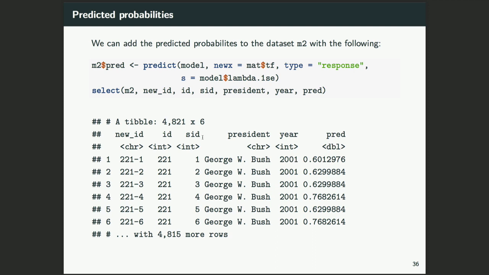So 1 would mean this is something George Bush would never have said, 0 means the other way around. And so you can see we have a new column here with the predicted probabilities. If you think of just a one-off sentence, not every sentence is easy to figure out, but on the whole we should be able to predict trends and see that George Bush's sentences look more like him and vice versa.